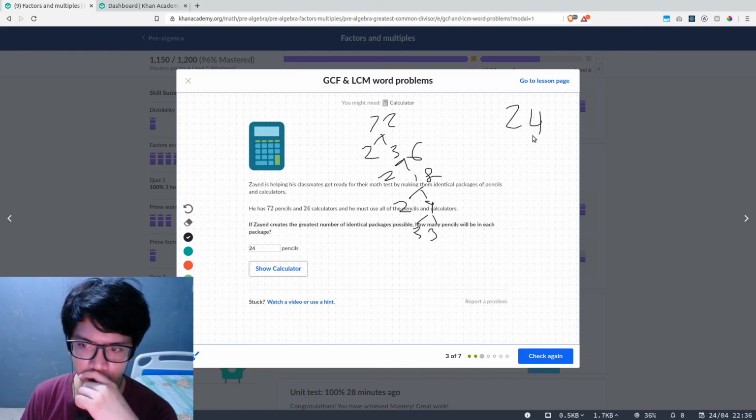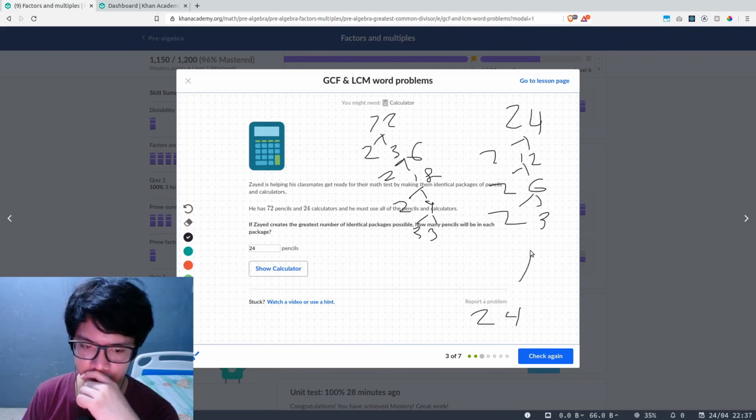Then we have 24, 2, 12, 2, 6, and then 2, 3. We all have that, right? 1, 2, 3. So their GCF is 24. 2 times 2, 4 times 2, 8 times 3 is 24.